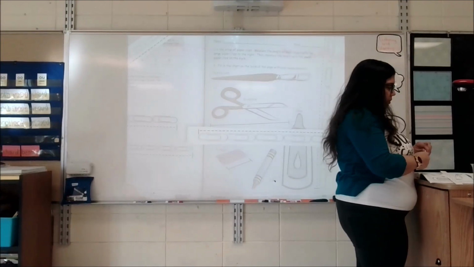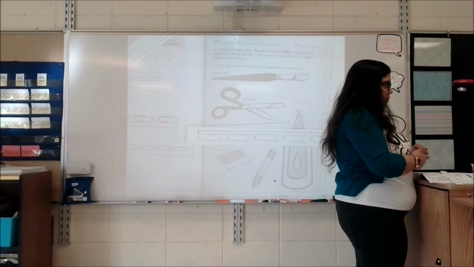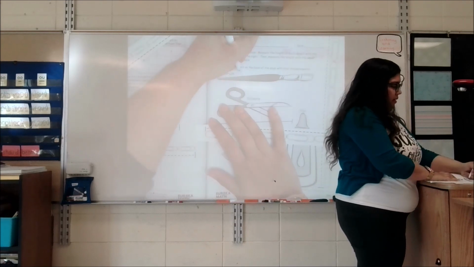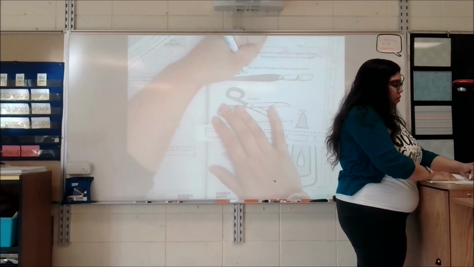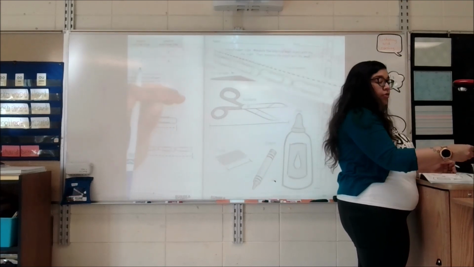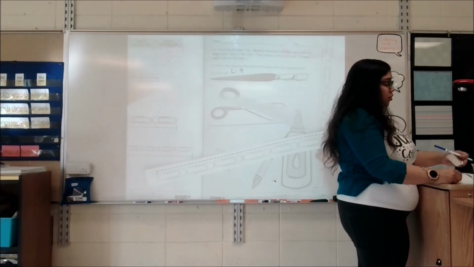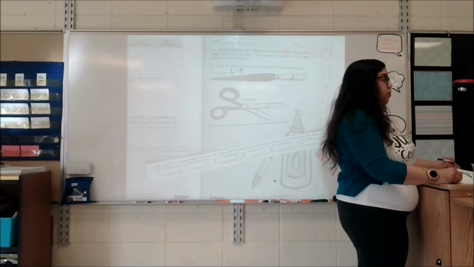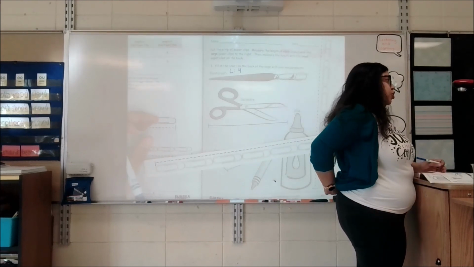So let's see, we're going to put L for large, and we're going to put 4 because we know it's about 4 paper clips. Like I said, we're going to do all of our large paper clip measurements, and then we'll do our small paper clip measurements, and then we'll compare them once we put them on the chart, and you'll tell me what you see.